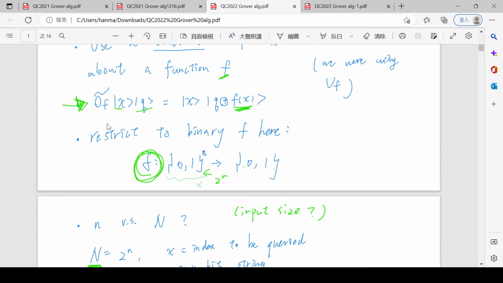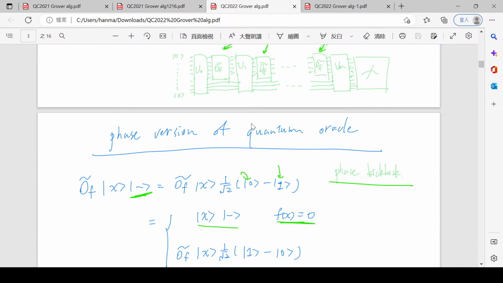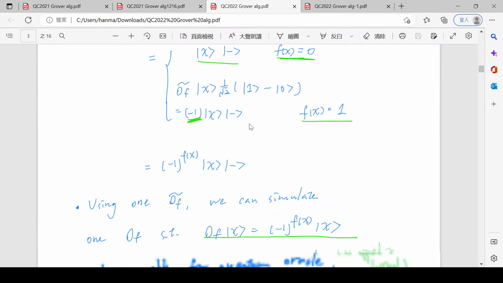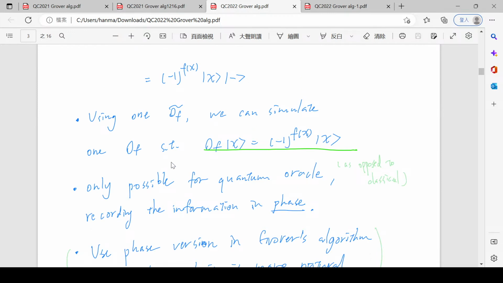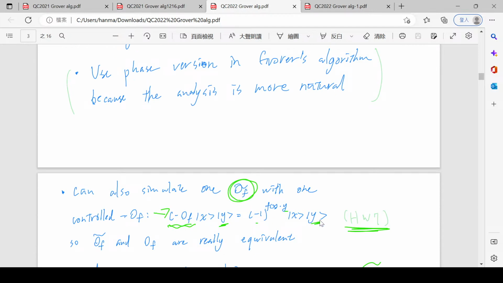And this is the standard version of the oracle, but we like the phase version. It's more quantum, and so it's more useful for designing quantum algorithms. And the phase version looks like this. It actually loses some information, but that doesn't matter in Grover's algorithm too much. So |x> goes to (-1)^{f(x)}|x>. And it loses some information because you actually want a controlled version of this.